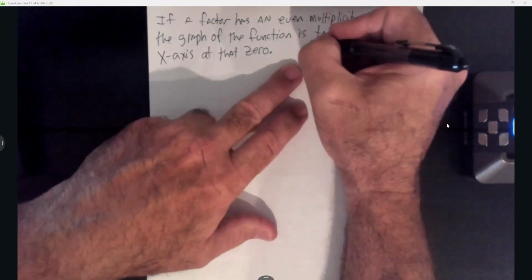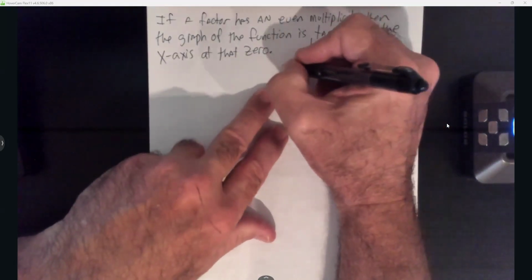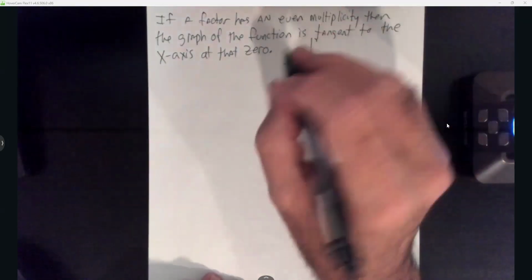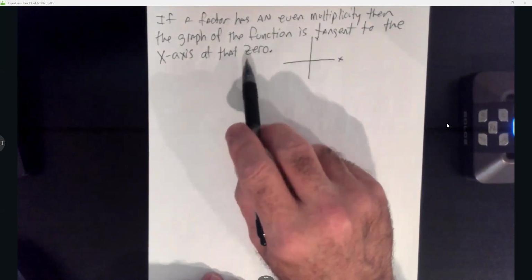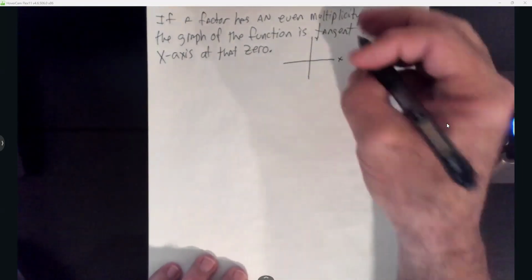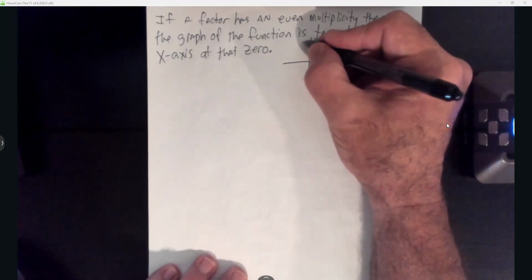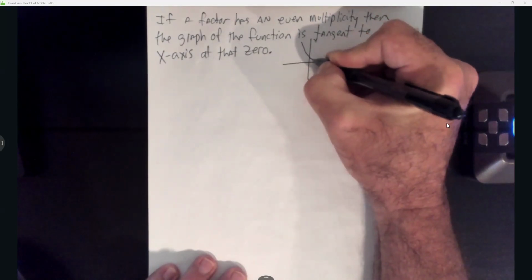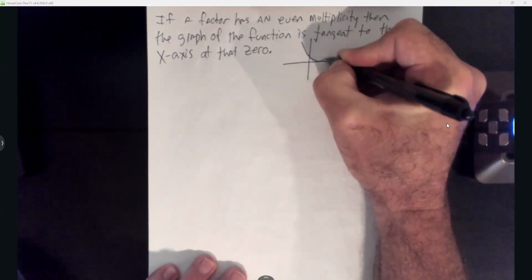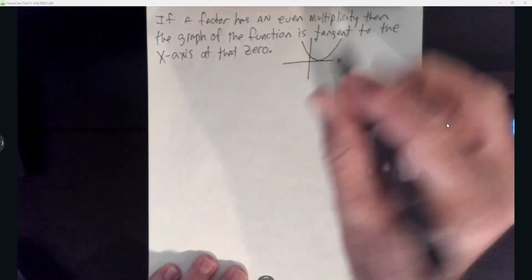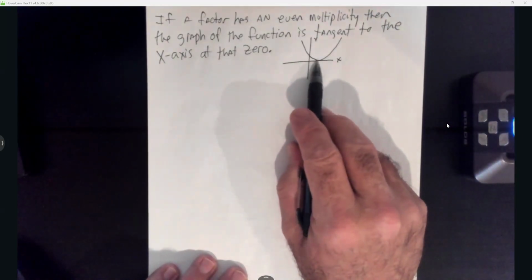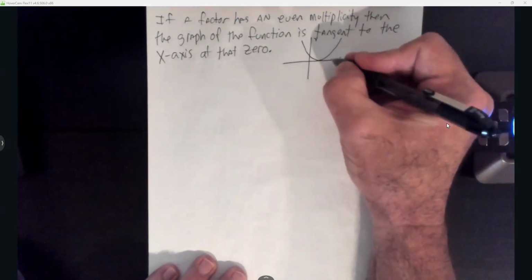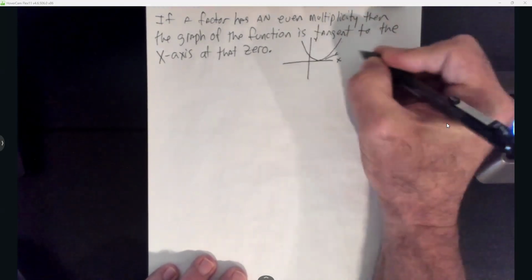So y'all, let me show you what I'm talking about. Let's draw a graph. So it's tangent. What it means when it's tangent is your graph is going to come down. It's going to barely touch that x-axis and then go back up. It does not cross it. This is what we mean by tangent, okay?